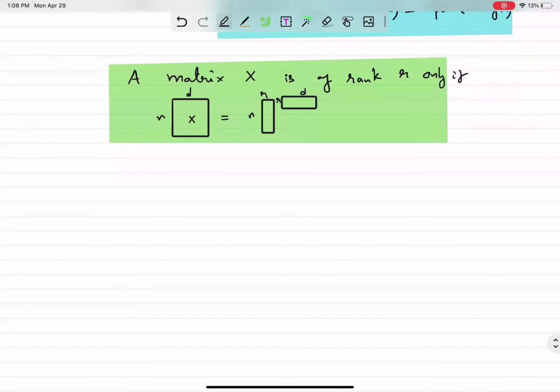So I'm writing X as a product A times B. X is n by d, A is n by R, and B is R by d. Matrices are of rank R if and only if I can write them in this way.